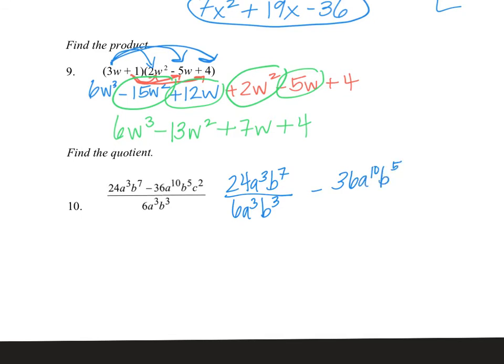So you should have rewritten it like this. Okay, so 24 divided by 6 gives me 4. These a's are going to cancel out. I'm going to get b to the 4th. And then 36 divided by 6 gives me 6. I'm going to be left with a to the 7th. And then I'm going to also be left with b squared and c squared.